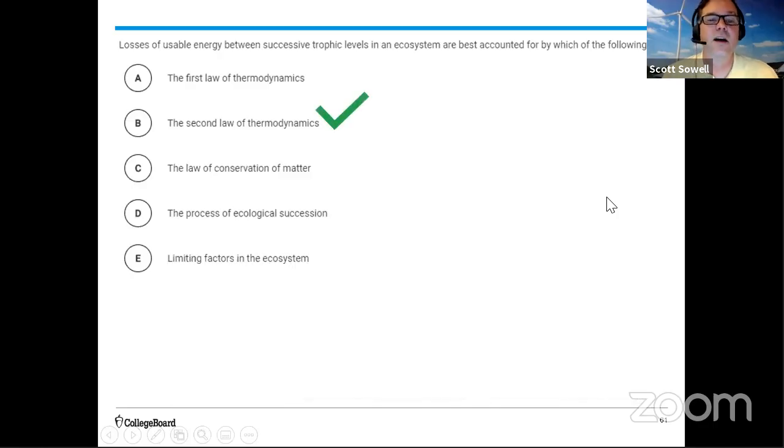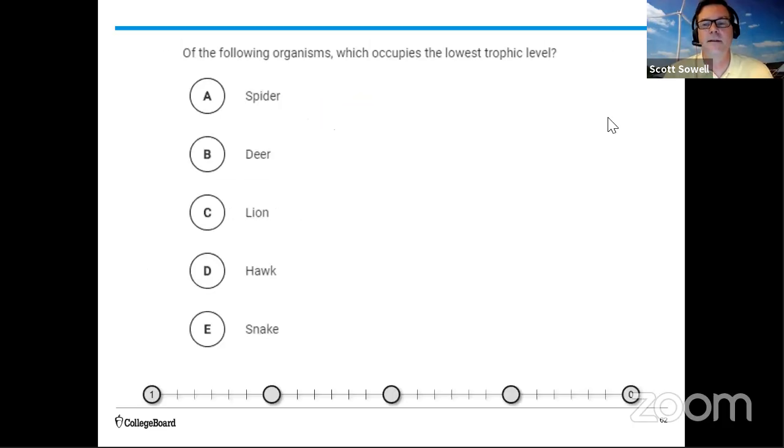So this is the second law of thermodynamics. That first law says that we can't create or destroy energy. And the second one says that every time we transfer energy from one form to another, we lose some as heat. This is an interesting little question. Of the following organisms, which occupies the lowest trophic level?